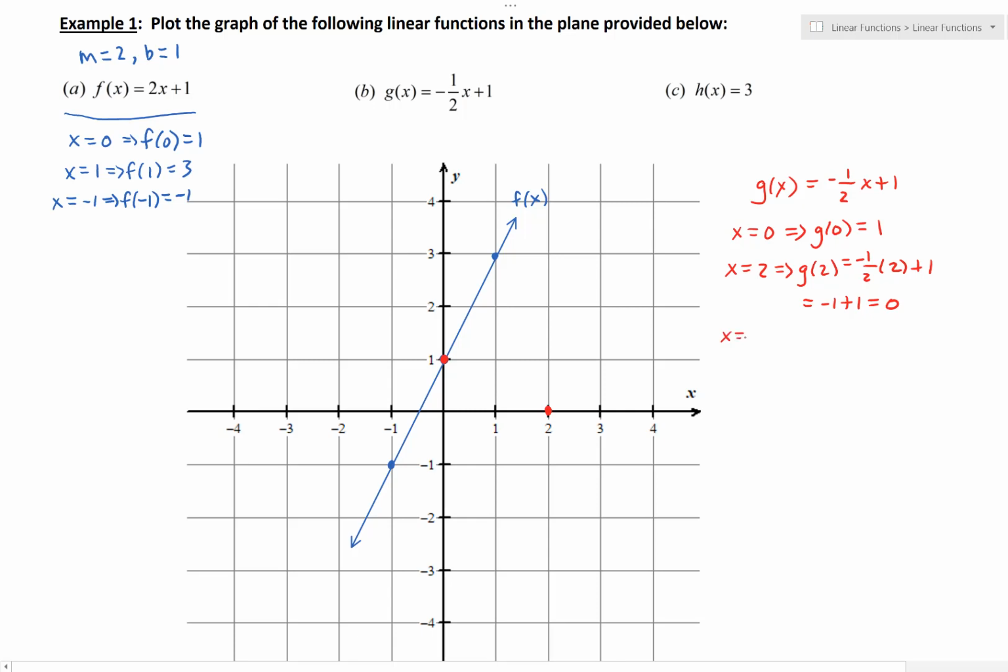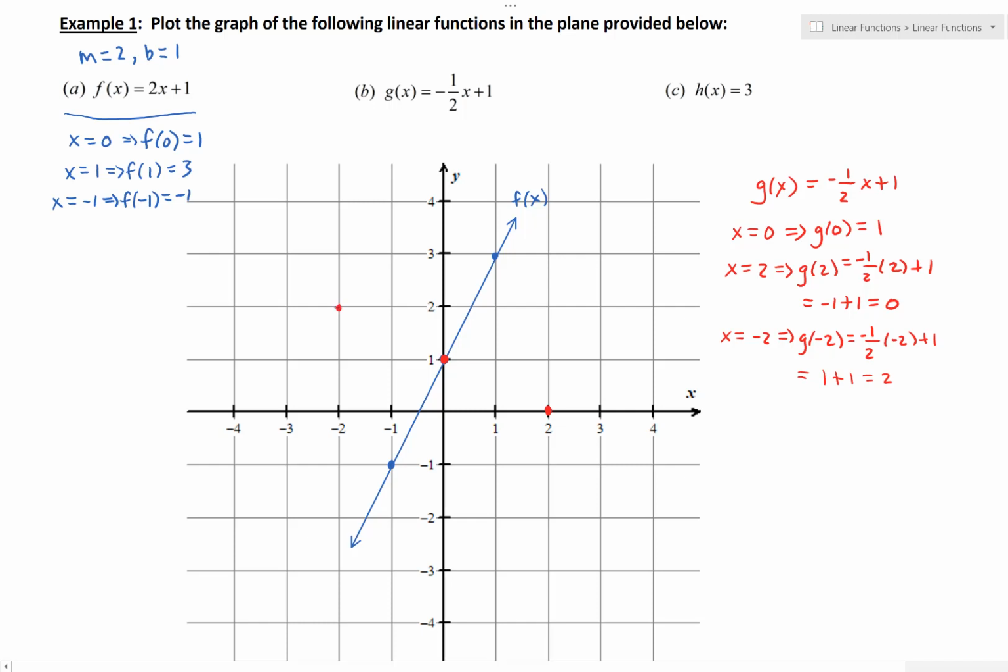How about when x is equal to, say, -2? Then g of -2 is -1/2 times -2, and then plus 1, which is 1 plus 1, which is 2. So when x is -2, we are at the output of 2.